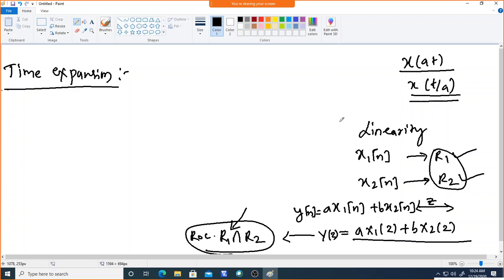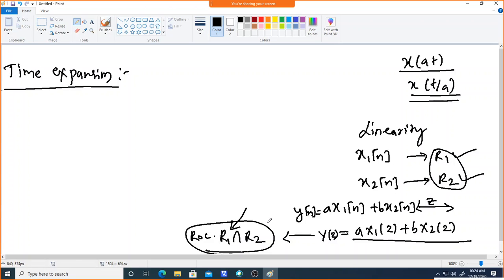For any signal we have to take into consideration what exactly the ROC is for that particular Z transform. So for the linearity property, it will be R1 intersection R2. That is the ROC for the linearity property whenever you take two signals with additivity and scaling factors.